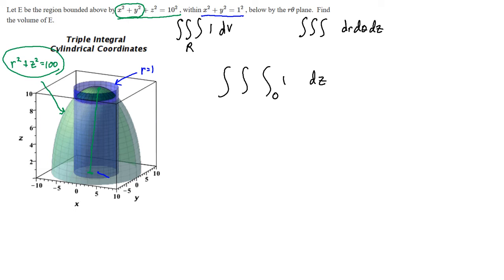So what we need is this in terms of z. If we solve for z, we get z squared equals 100 minus r squared. When we take the square root of that, remember that technically there's a plus and minus, but since we obviously are above the xy plane, we will use the positive one.